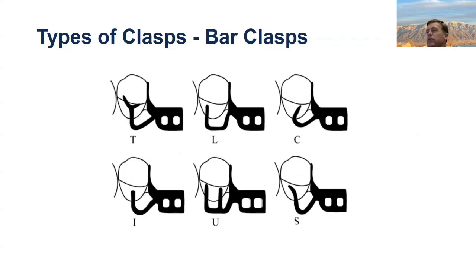Bar clasps, of course, as our patients become more and more concerned about cosmetics, we use more and more of these. Most of the time, we're choosing the shape of the arm based on where our height of contour is. So sometimes a C or something like that can be nice just because it allows us to keep the tip less visible.